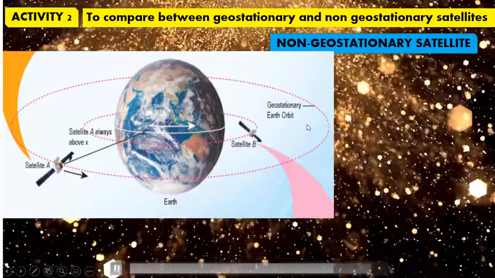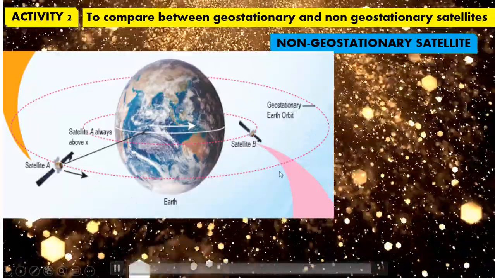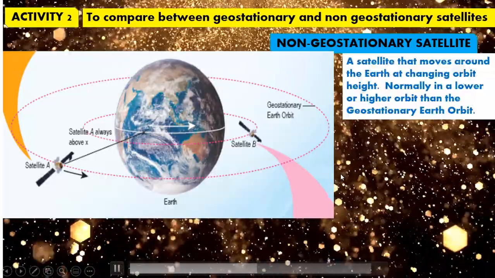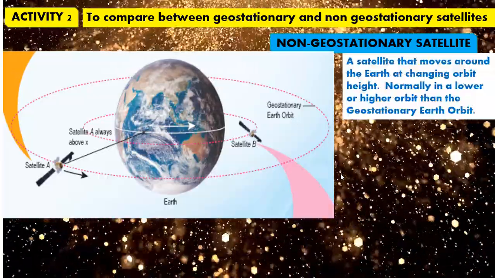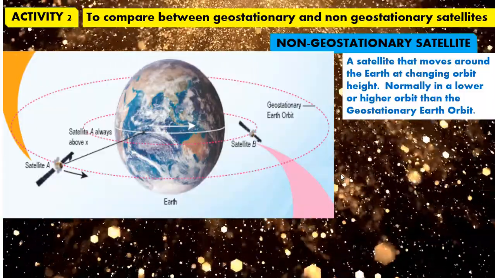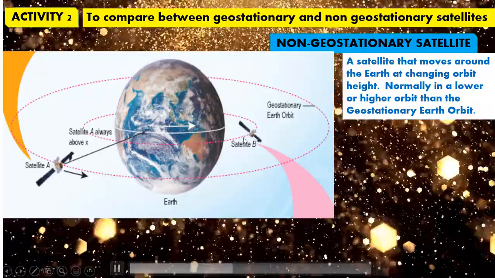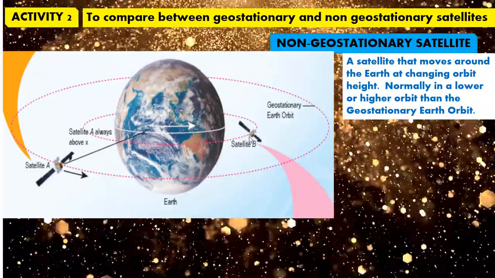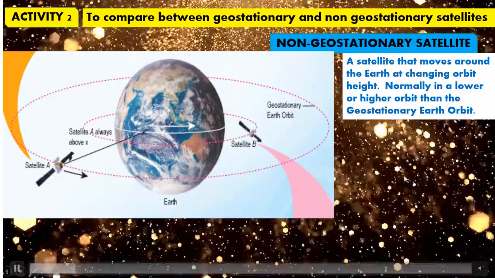Remember just now, satellite A moves around what we call the geostationary Earth orbit. A non-geostationary satellite moves around the Earth at a changing orbit height, normally in a lower or higher orbit than the geostationary Earth orbit. So its orbit always changes, either lower or above this orbit.